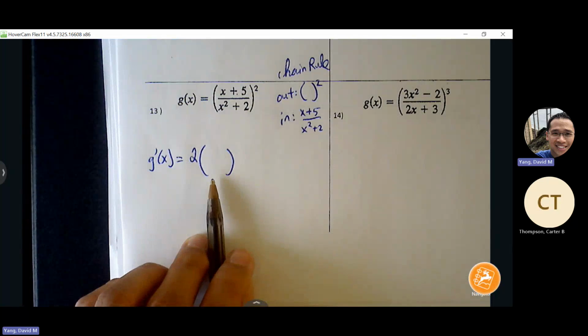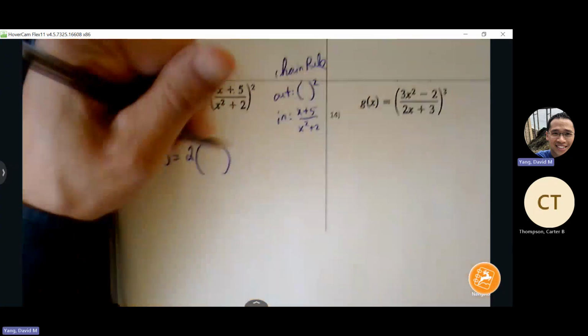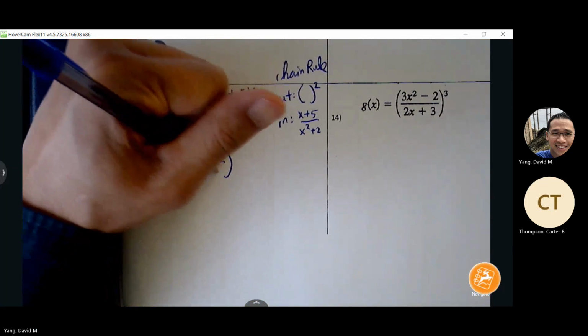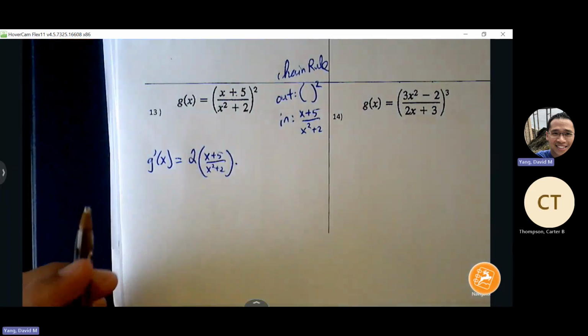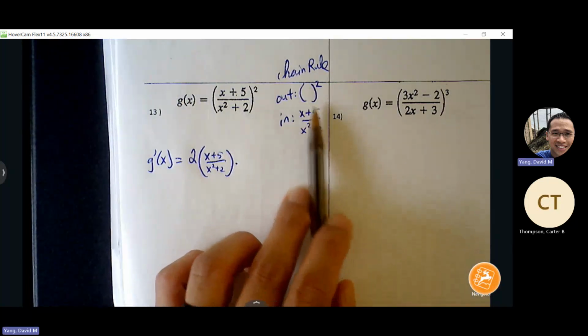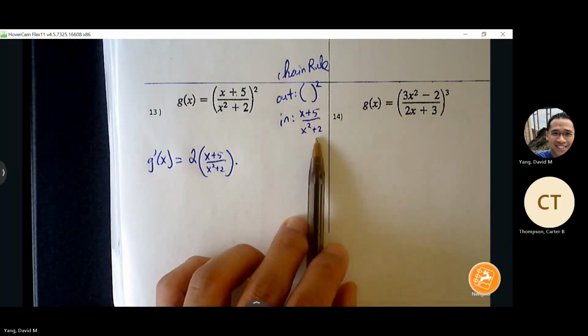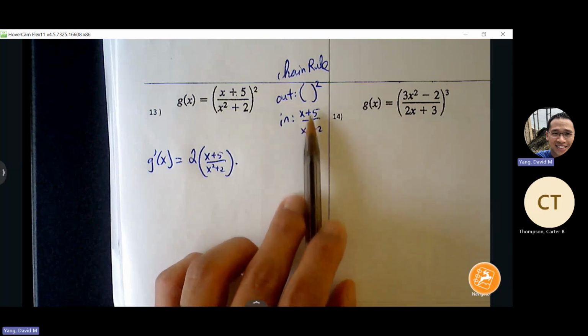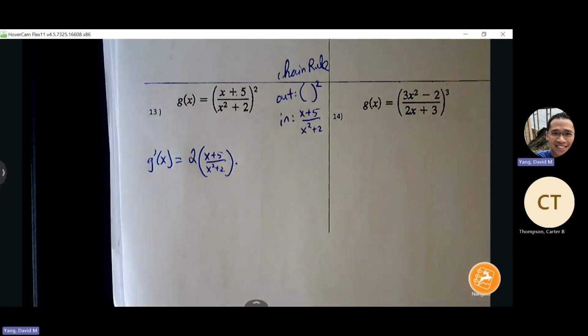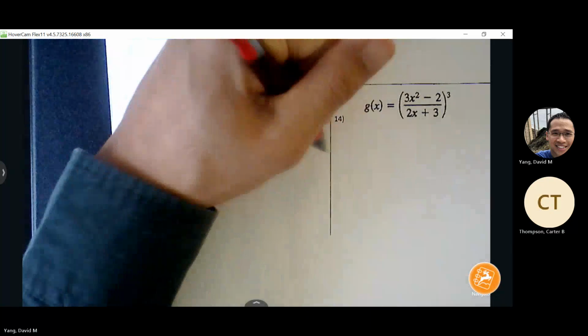What goes in here? Yeah, the original, no changes. Times. And then what do we have to do if we take the derivative here? What rule do we call it? Quotient rule. Yep. So let's build out our quotient rule here.